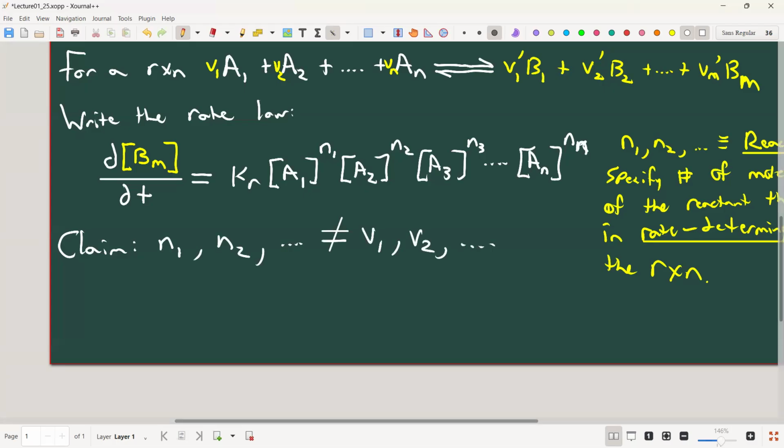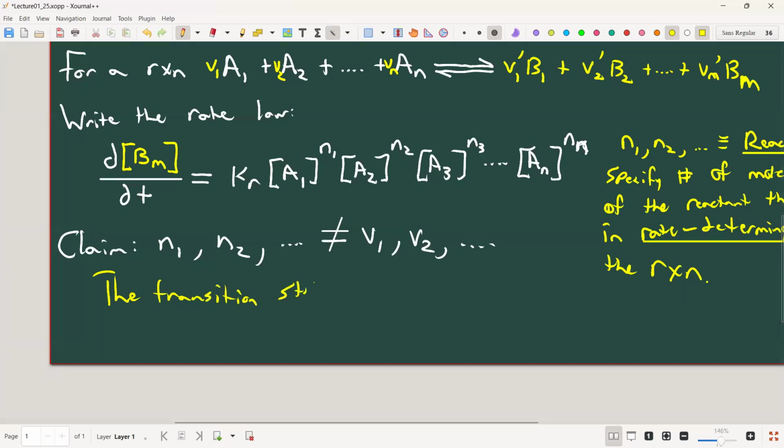Because the stoichiometric coefficients tell you about the total stoichiometry of the reaction, but they tell you nothing about what's happening at the transition state, and that's what matters. Transition state structure determines the reaction.